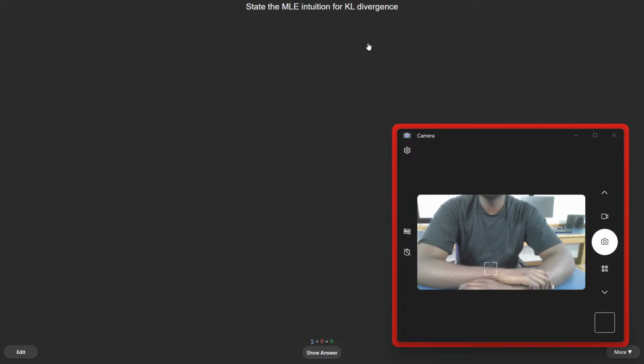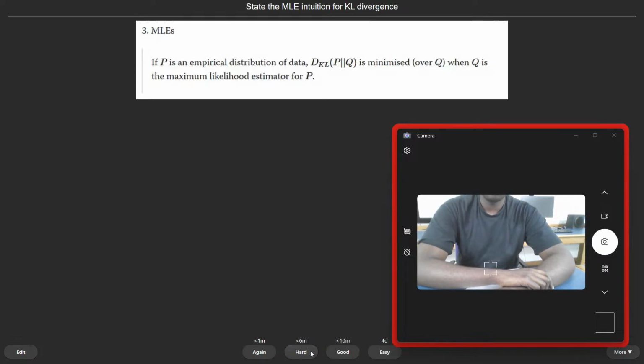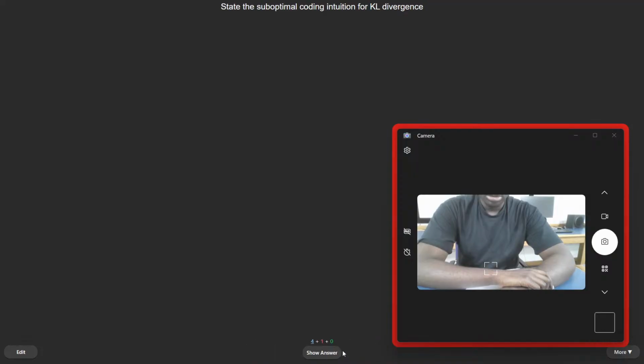So you fix P, and the value Q which minimizes KL divergence is the maximum likelihood estimate, which is to say, if Q is some parametric distribution, then the most likely values of the parameters based on the data they can infer from P will give you that.